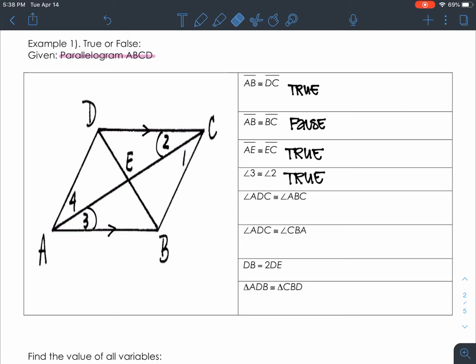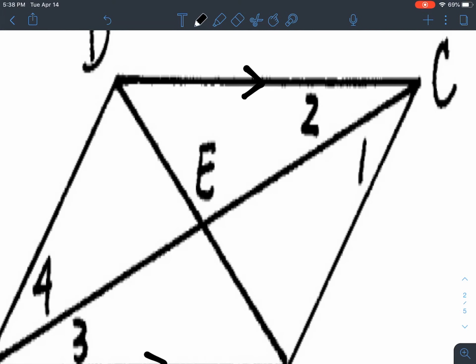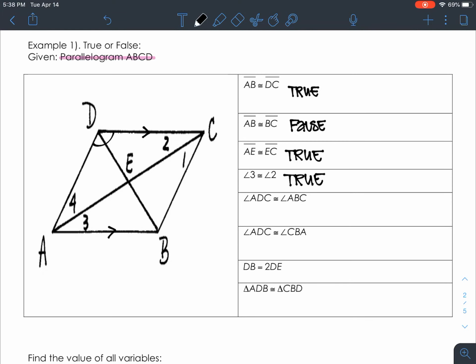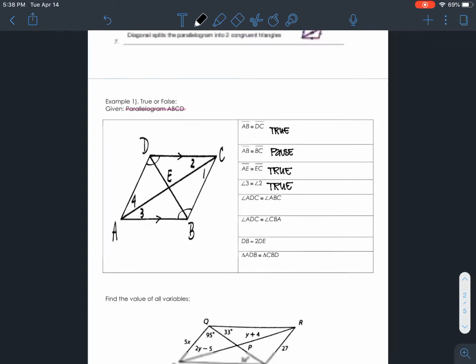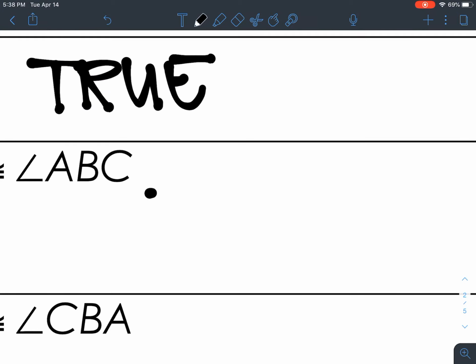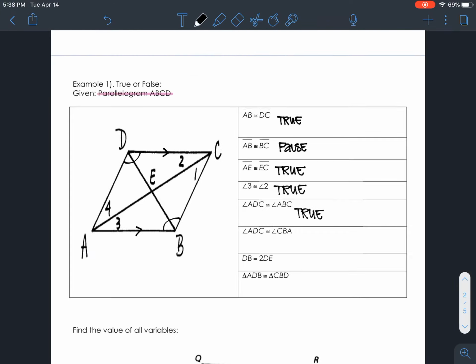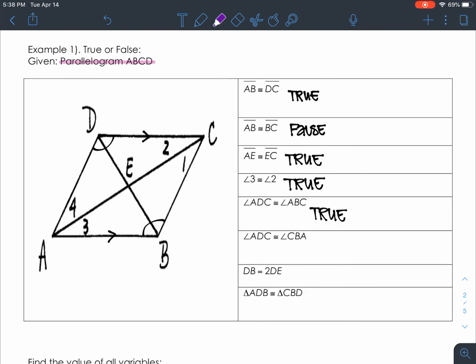Okay, next one. Angle ADC, so this full angle right here, is congruent to angle ABC, which is this angle right here. Is that true or false? That is true, because we know that opposite angles have to be congruent. Okay? All right, next one.